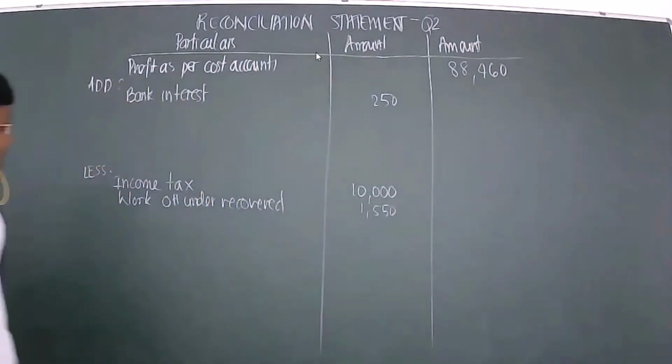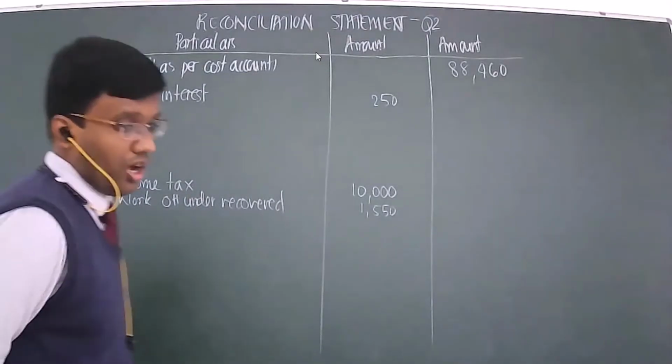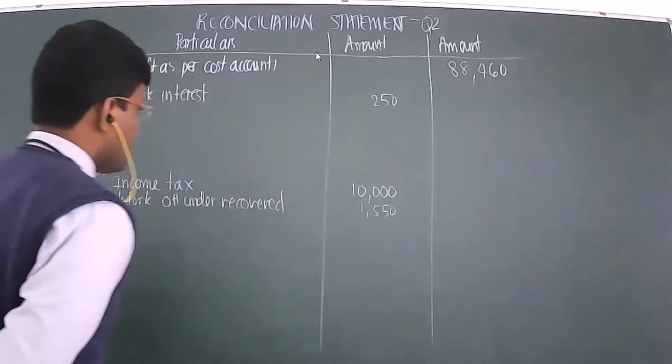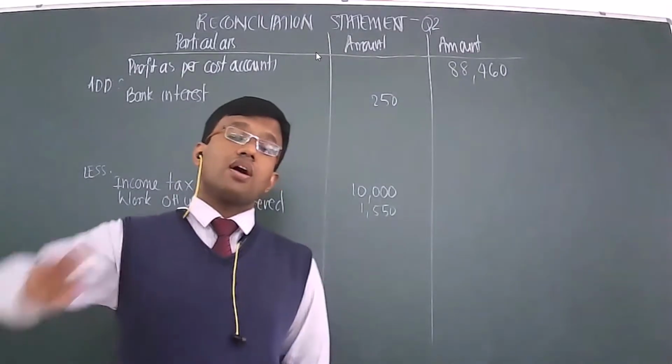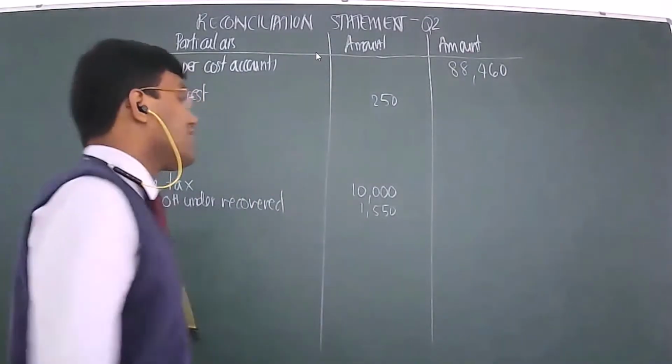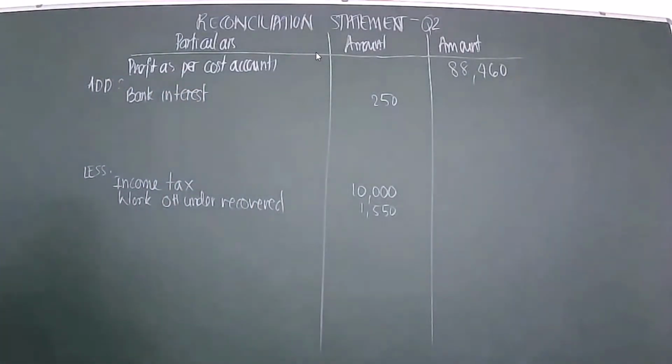Next, we have depreciation charged in financial accounts and depreciation charged in cost accounts. There is a difference, and please remember, depreciation as per cost accounts is higher than depreciation as per financial accounts. Because of this, we will have to consider the over absorbed amount.